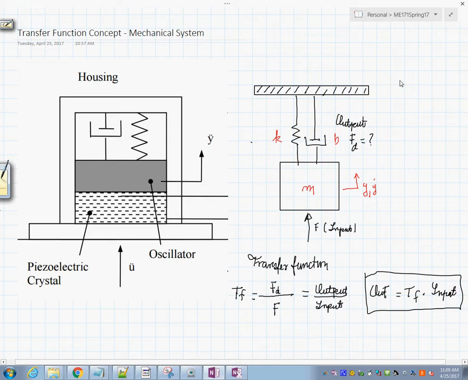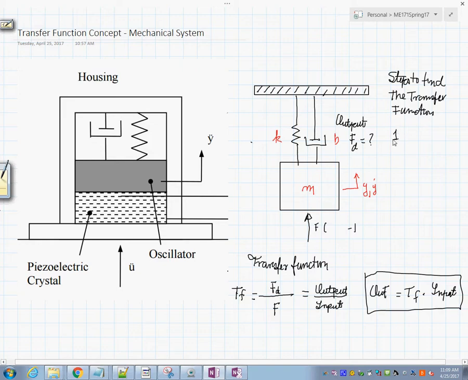If we have a space in here, why don't we do this? We call it the steps to find the transfer function. Okay, what would be the first step?